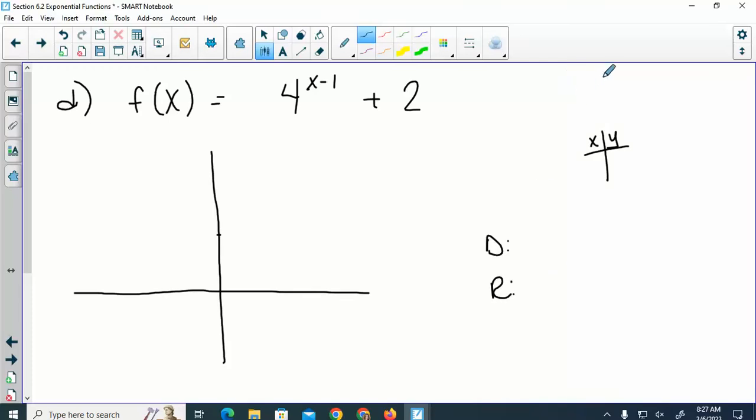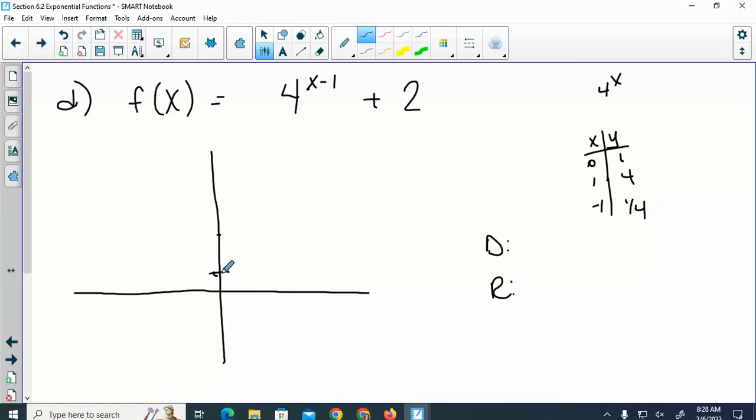Alright, what's my parent function? 4 to the x. So you do your 0, 1, negative 1. 4 to the 0 is 1. 4 to the first is 4. And 4 to the negative 1 is 1/4.